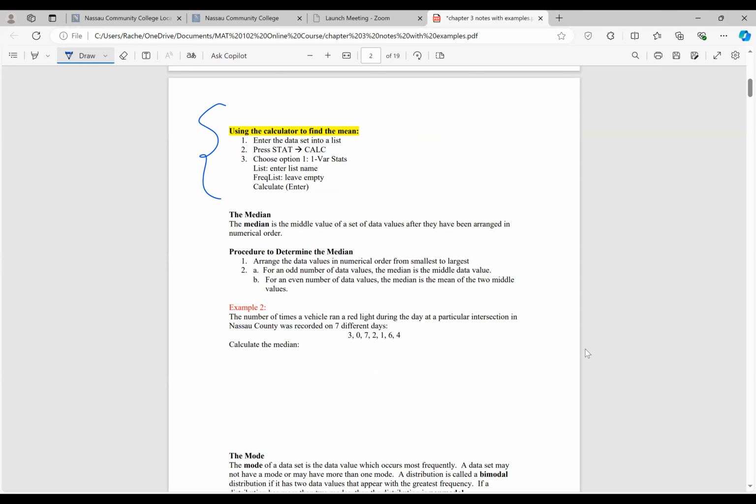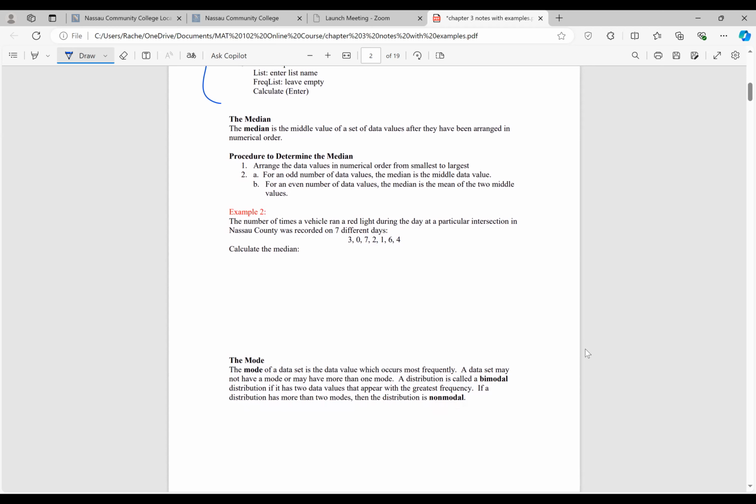So the next measure of central tendency that we use sometimes is called the median. And some of you are familiar with the median. Median, think middle. The median is just the middle value of a data set after they've been arranged in numerical order. So it wouldn't make any sense if you have raw data that's not ordered and you pick the middle number. It wouldn't mean anything. You have to order the data from lowest to highest first.